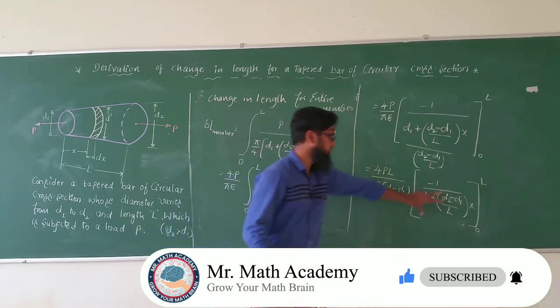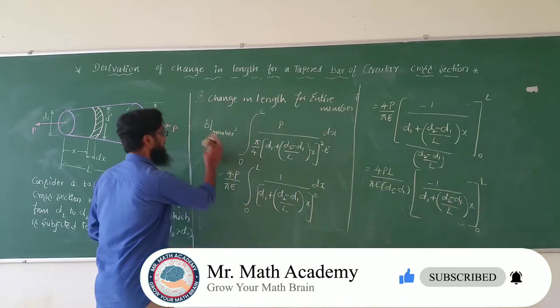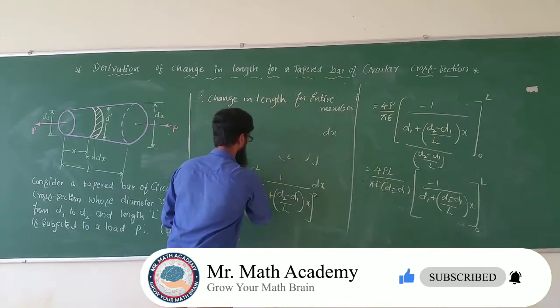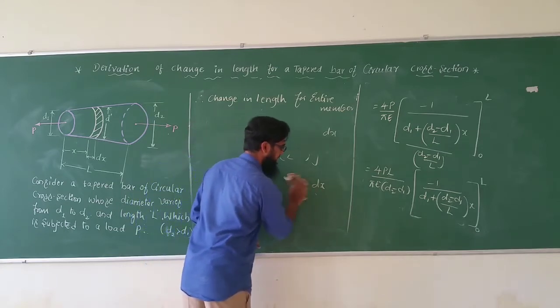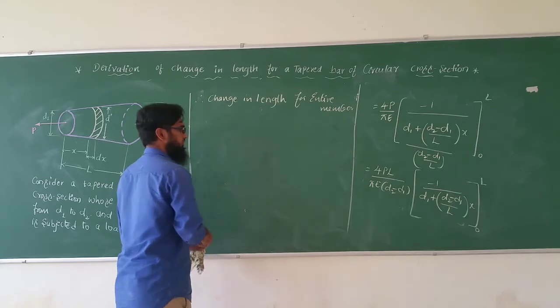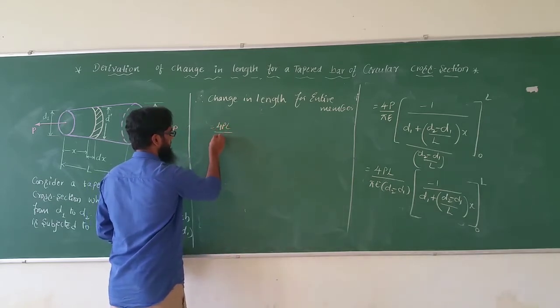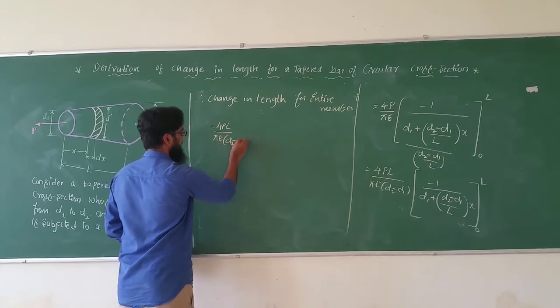Now we have integrated this term, and we just apply the upper limit and the lower limit. If you apply the limits and simplify, we are going to get a solution. The 4PL remains as it is, over pi E d2 minus d1.